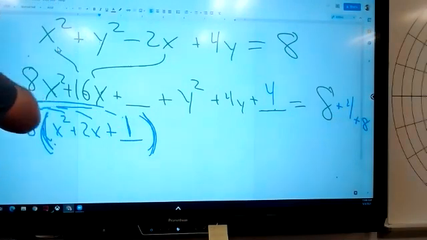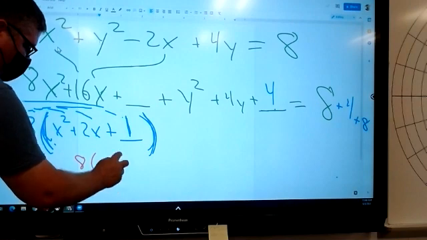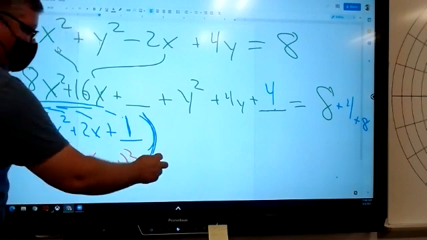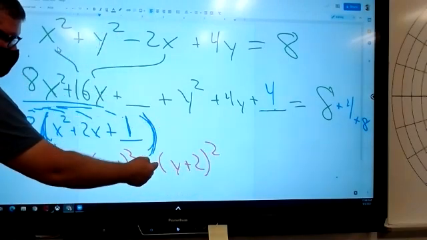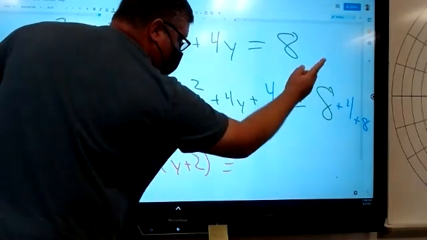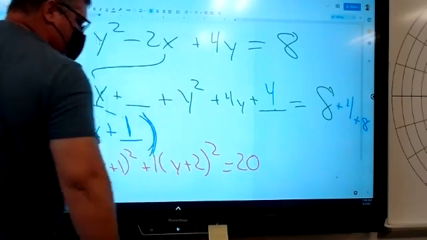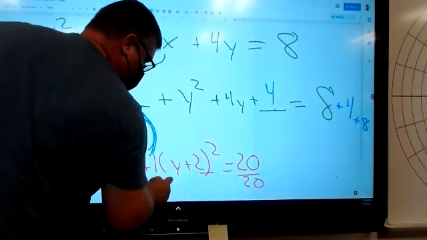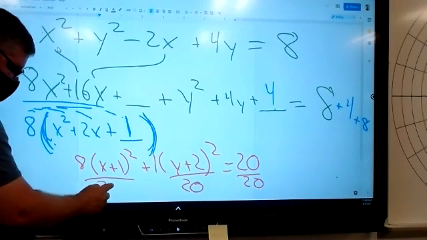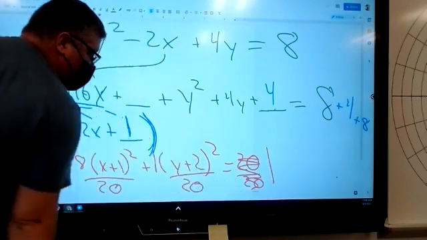So really I get 8 times x plus 1 squared, plus y plus 2 squared. What really is out front here? Equals 20, correct? Okay, now what happens when I divide? Connor? That turns into 1 like it should, correct?